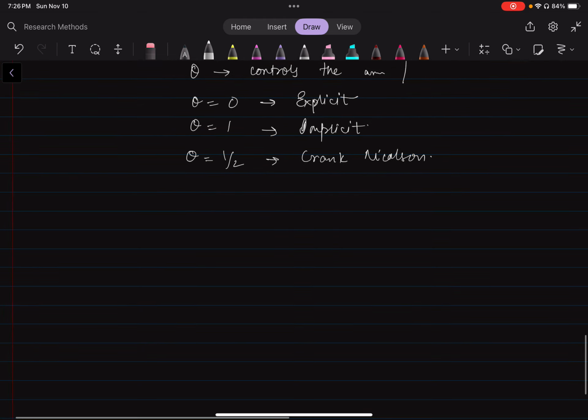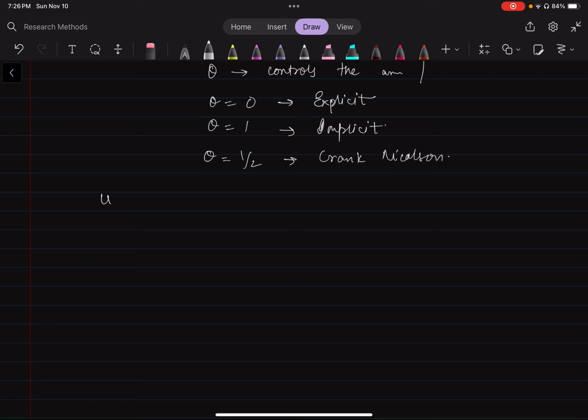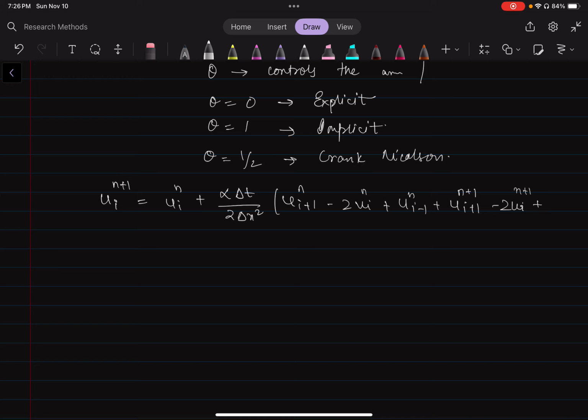The formulation for this particular thing comes out to be u_i^{n+1}. This comes out to be of this form.